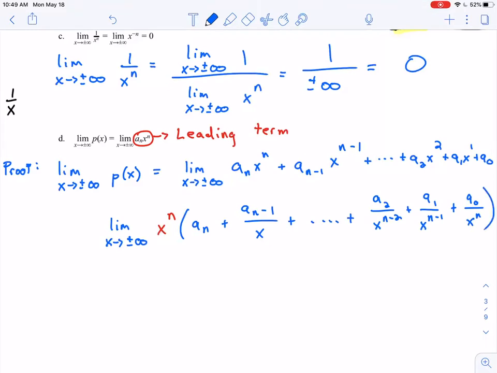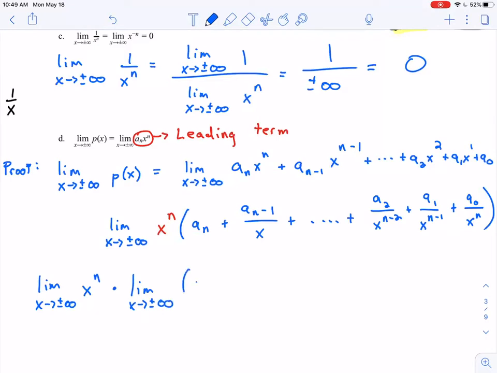And then I'm going to apply my limit laws here. I'm going to look at the limit as x approaches plus or minus infinity of x to the nth power times the limit of everything else, the piece that I factored x to the nth from.